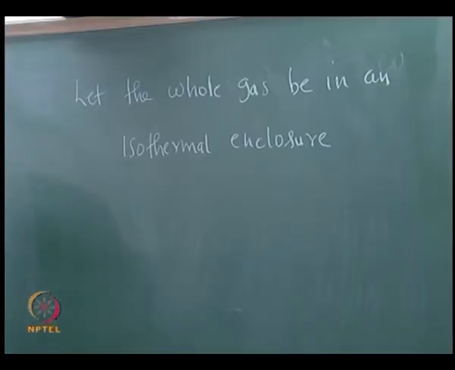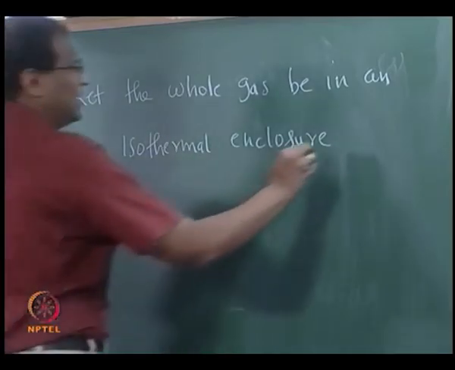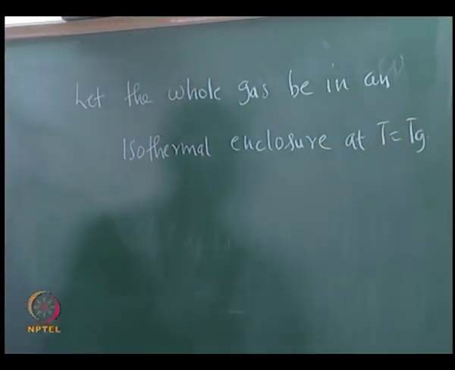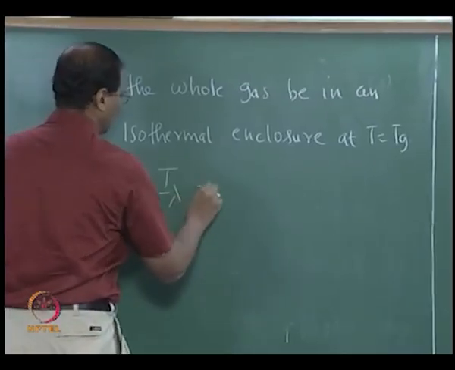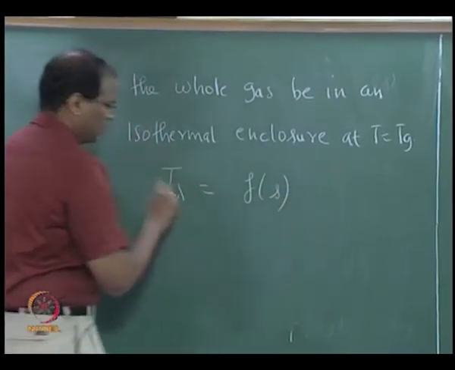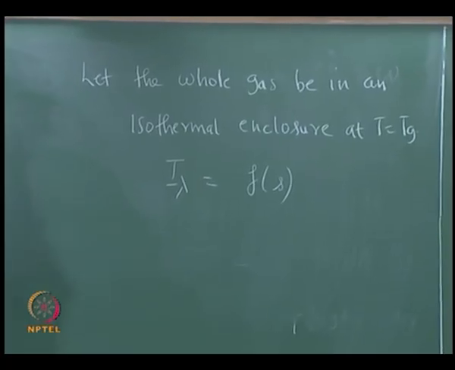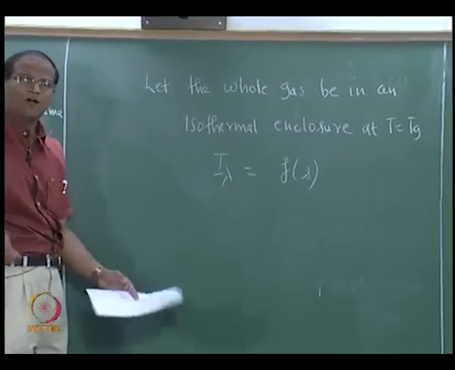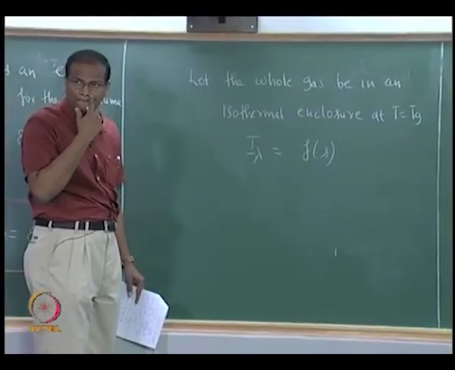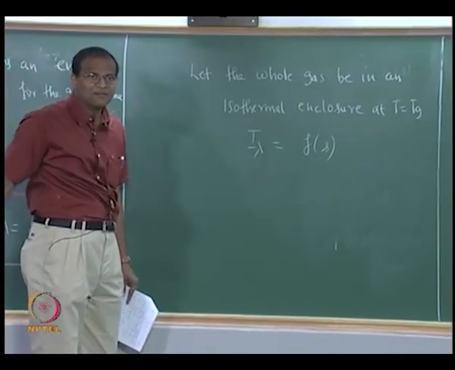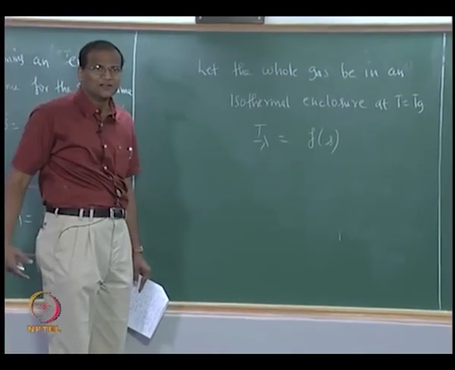Then what is the story now? What is the funda involved in an isothermal enclosure? Gas and wall are all at Tg. Will the I lambda be the same at any point? Is it isotropic radiation?